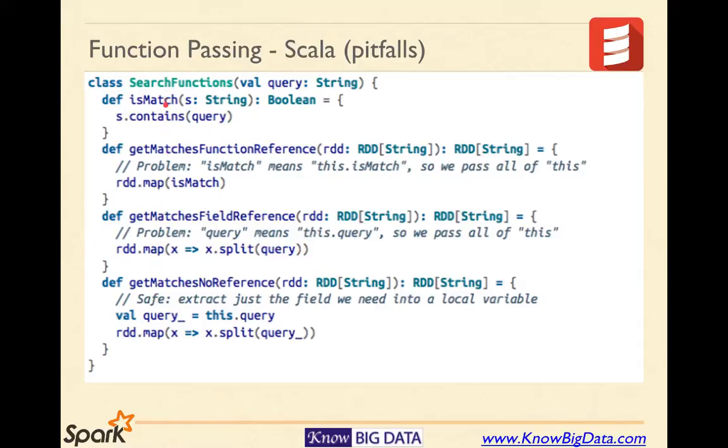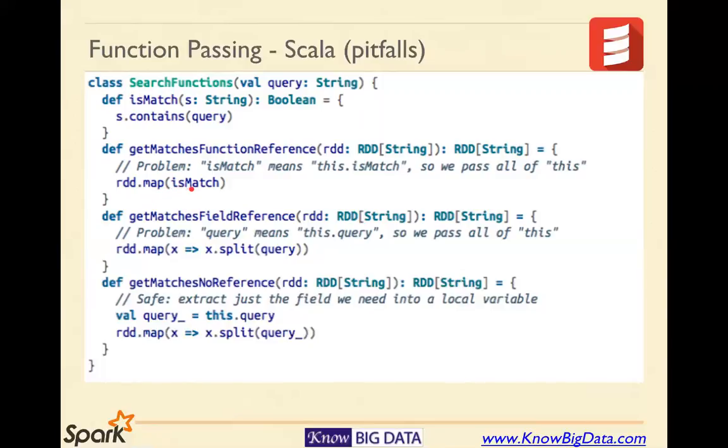I'll show you how. Let us say this is a normal function, isMatch. Whatever query you're passing, it's just comparing that with the constructor argument. The second function is basically applying this isMatch function on the passed RDD.